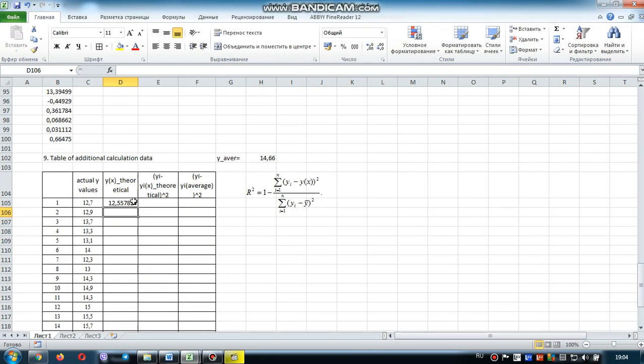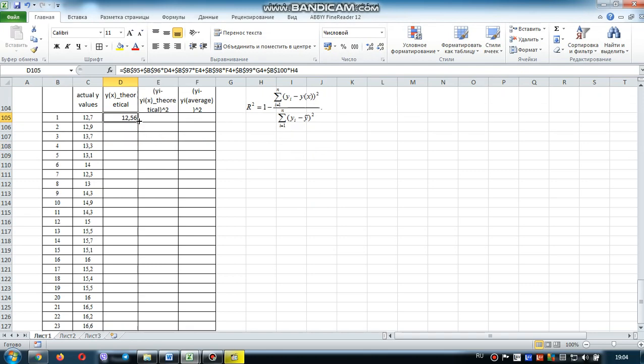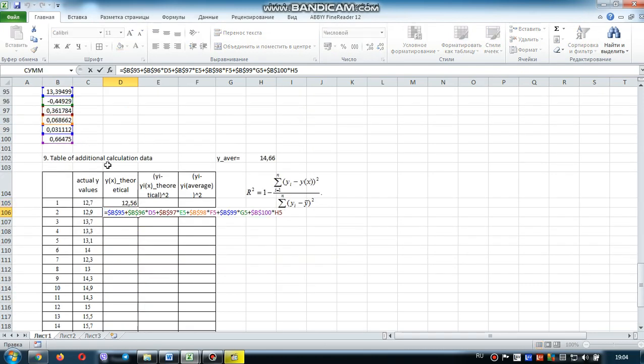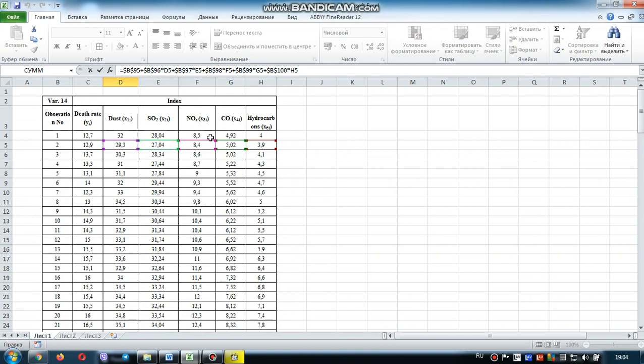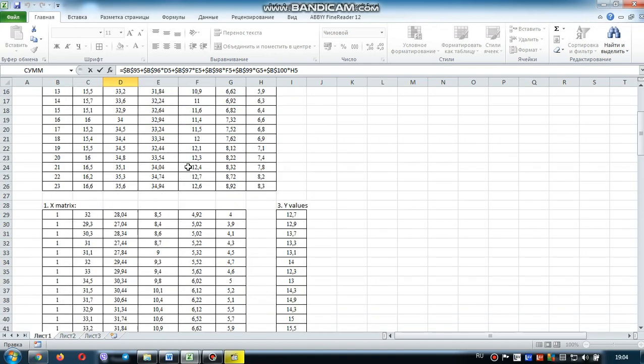Okay, so we have already obtained the first theoretical value. And then we just multiply this formula. These values are fixed and x values are shifted 1 point downwards.